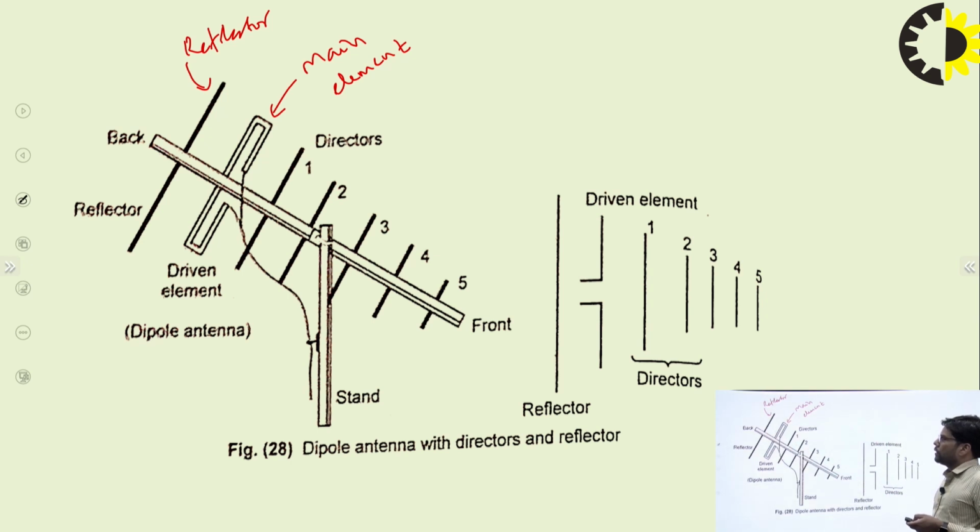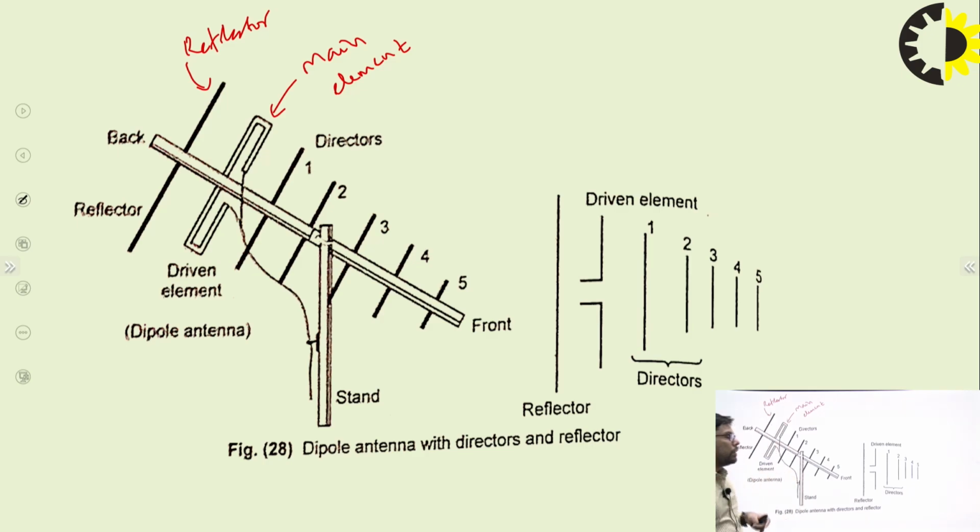The role of the reflector, as the name suggests, is to reflect the total backward power in the forward direction, right? The reflector is designed to be slightly larger than the dipole main element, which reflects the electromagnetic radiation towards the forward direction, while the directors enhance the radiation in the forward direction.